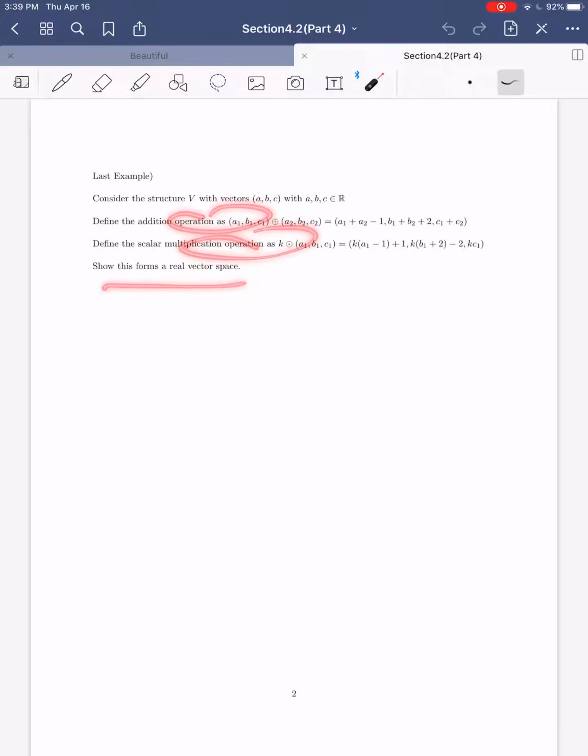And we're going to show that this forms a real vector space, meaning a vector space with its field of scalars being the real numbers. So we've got to verify all 10 of those properties. Before we do that, though, let's do our standard definitions at the beginning. We're going to need 3 general vectors and 2 scalars.